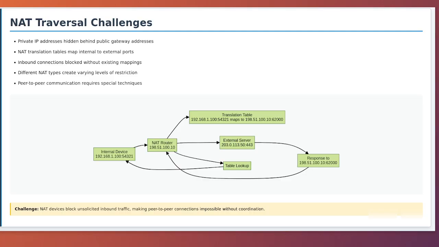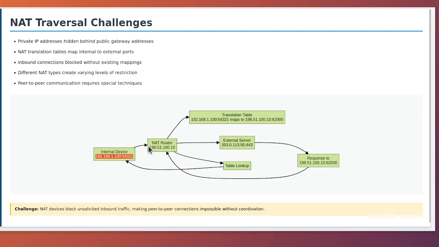Here is how NAT works in practice. Your device has a private IP address, for example, 192.168.1.100, and it wants to communicate with a web server at 203.0.113.50. When your device sends a packet, it originates from 192.168.1.100 port 54321 to 203.0.113.50 port 443.